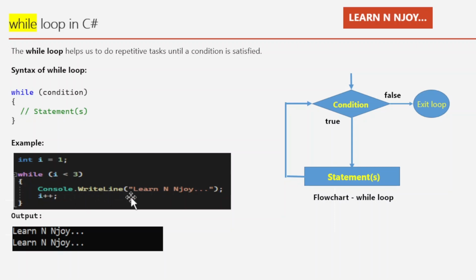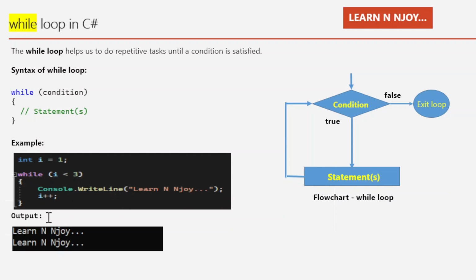It is decided by the condition, which is i < 3. If i is less than 3, it executes this statement, and then i is incremented by 1, and then again it comes here and checks whether i is less than 3 or not. If it is, then again it will enter this loop and execute this statement, and this process goes on until this condition is no longer satisfied.